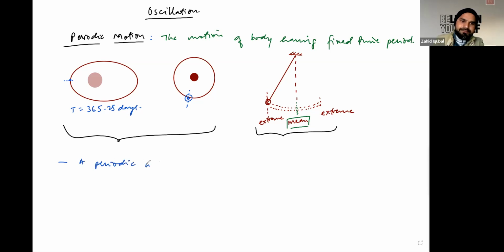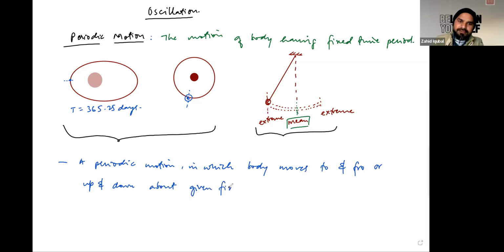So we may define a periodic motion in which body moves to and fro or up and down about given fixed position called mean position, then it is called simple harmonic motion.